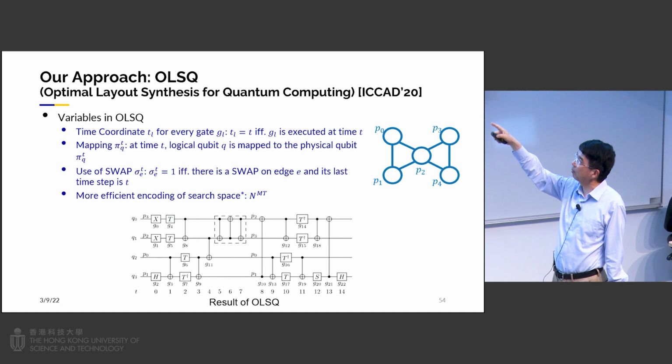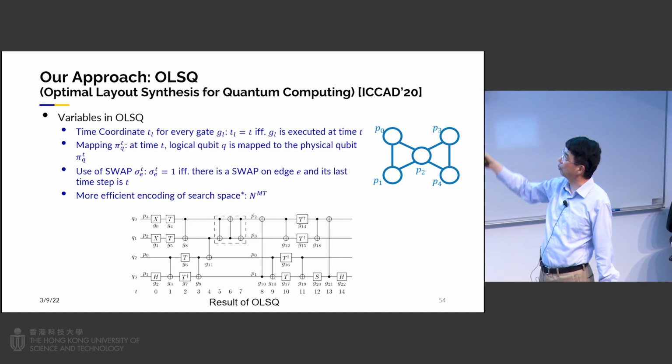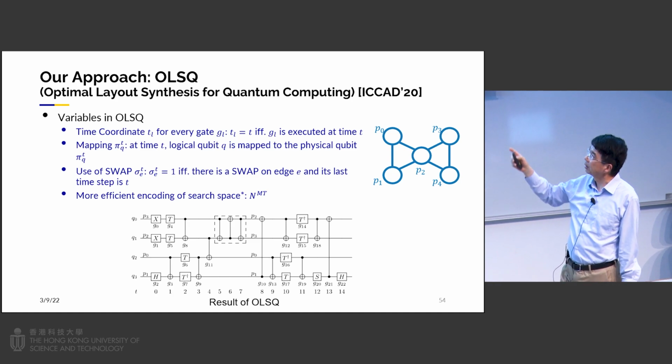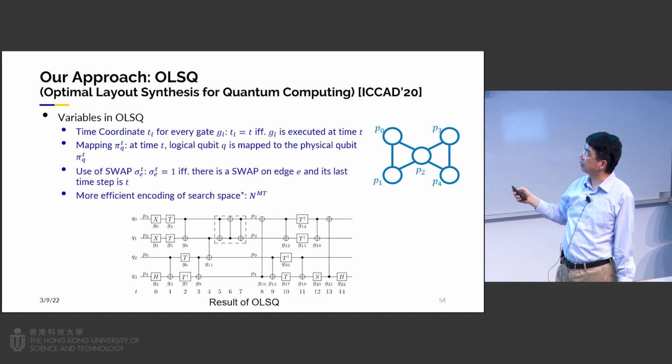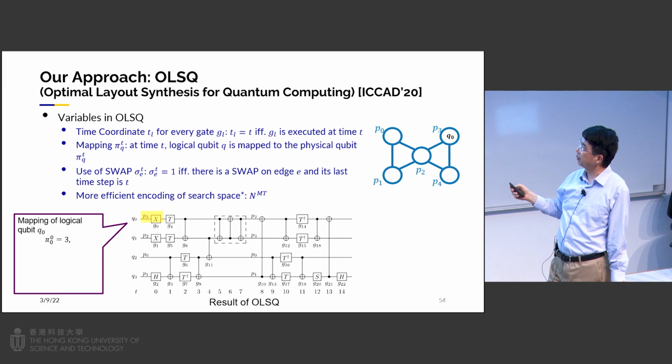So you can have swap gates that will change the assignment, and then you will make the change accordingly. So this is actually a very efficient encoding compared to all other solutions. This just shows you the encoding that the mapping will have.